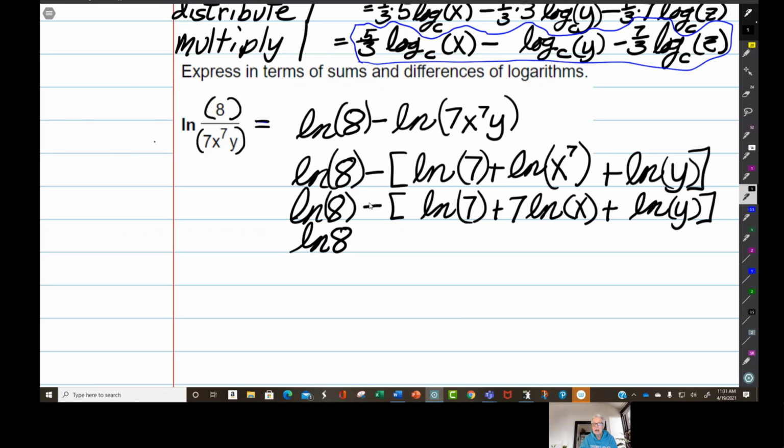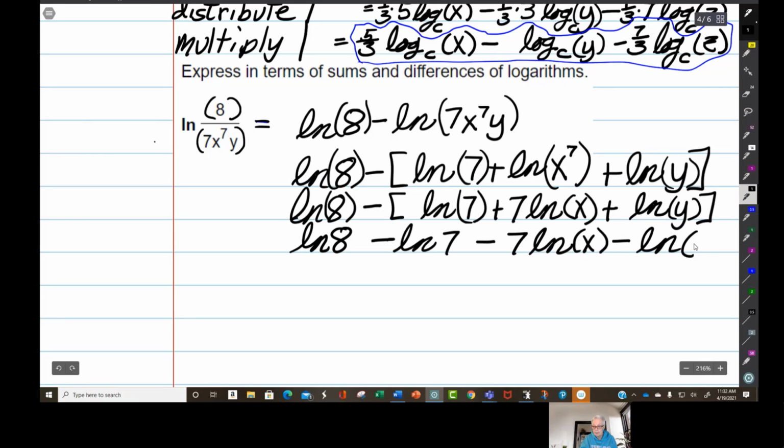All right, now I distribute the minus sign now. Minus the ln of 7 minus 7 times the ln of x minus the ln of y.